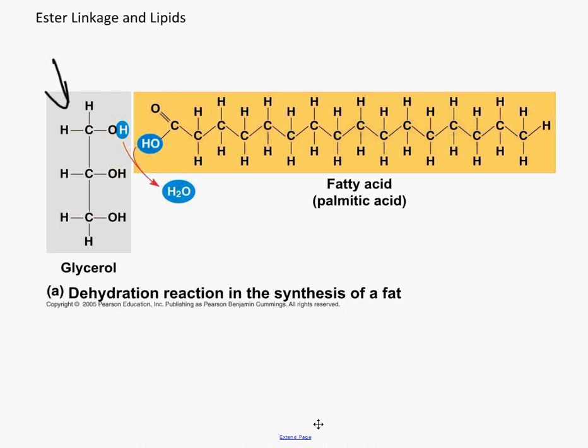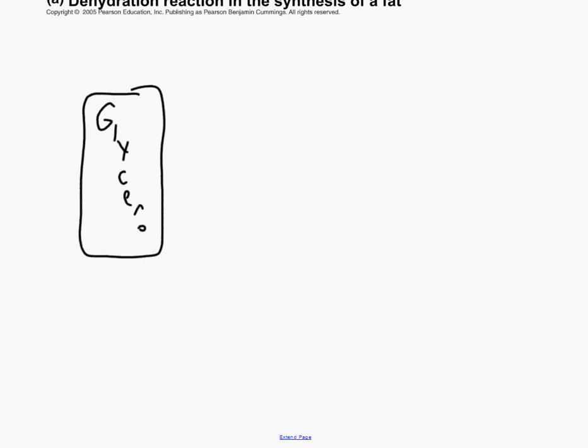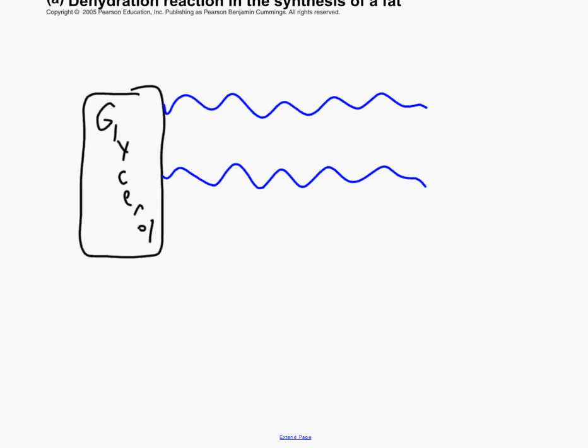And so, just as a real simple drawing of this, you have a glycerol molecule here, and you might have 3 fatty acids connected to it. And so each of those fatty acids are the monomers, and this whole thing would count as a polymer. Here's an example of that polymer.